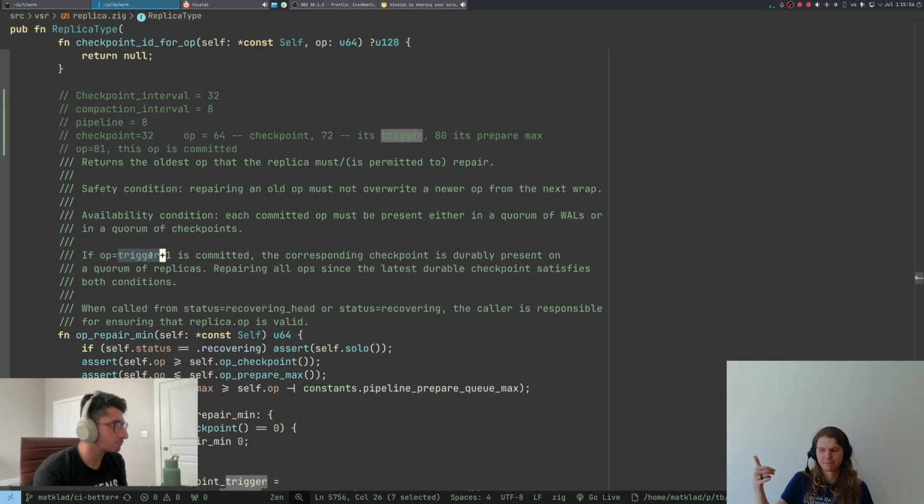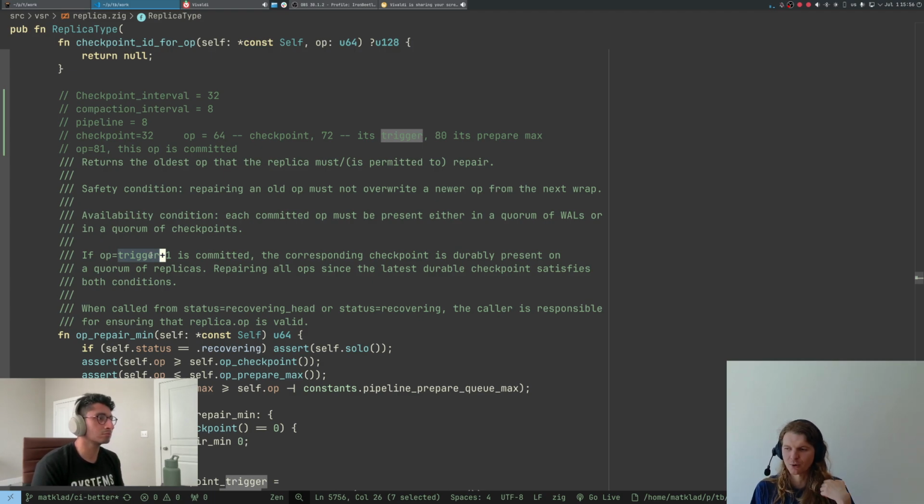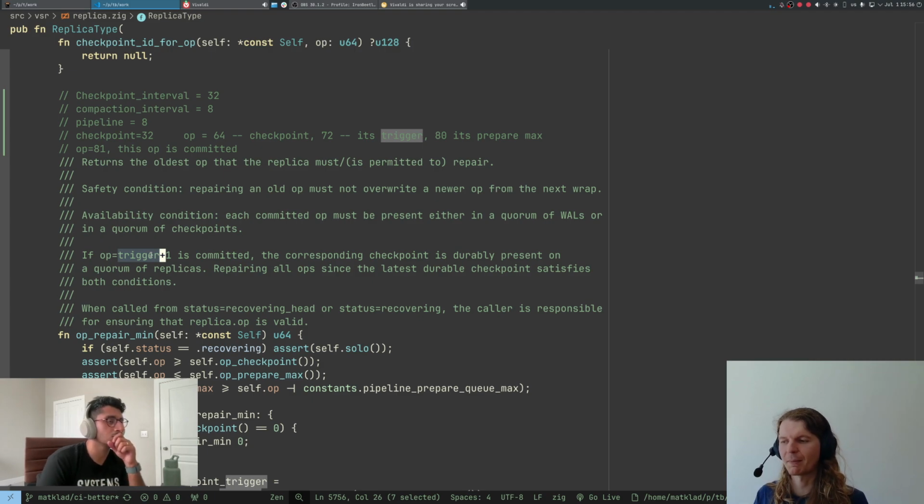And they cannot append op prepare max plus 1 because that would evict the oldest prepare, which they think is still required. So you want to see this op prepare max plus 1 to make sure that the checkpoint is committed, but no one actually has space in their log to append this prepare.